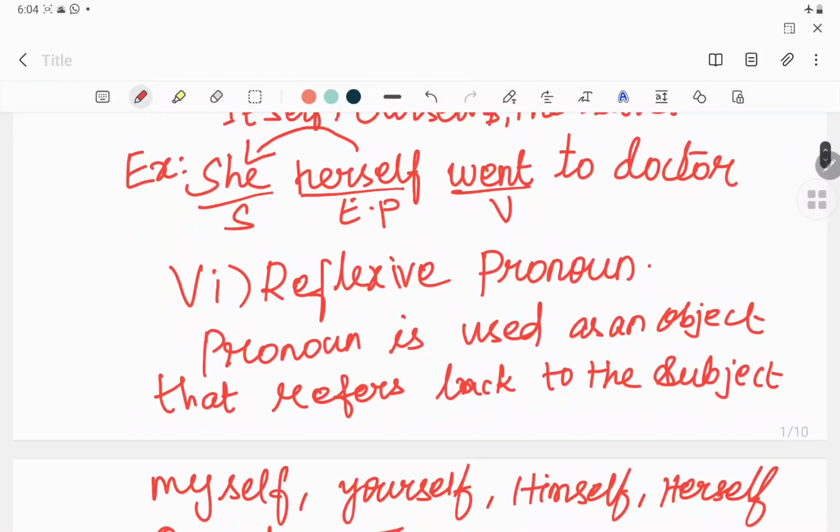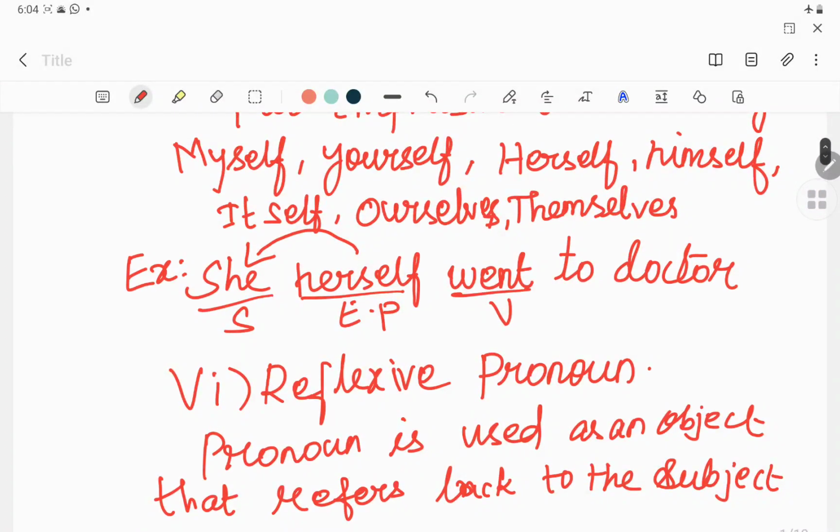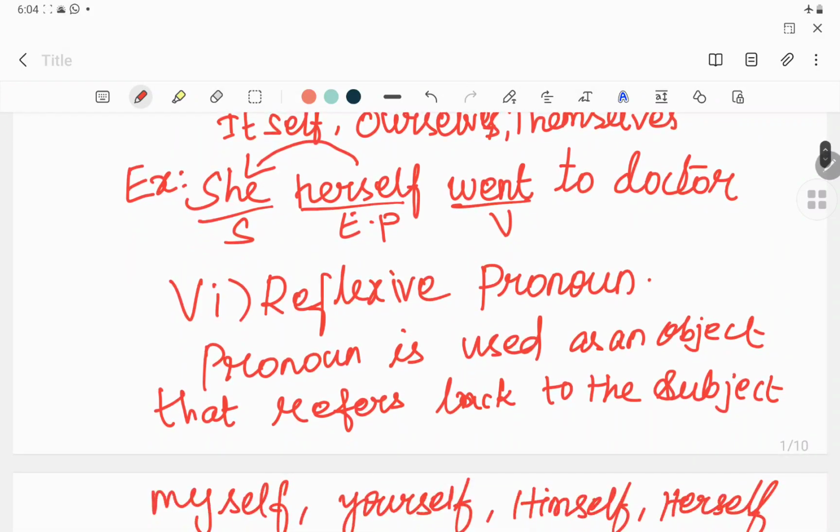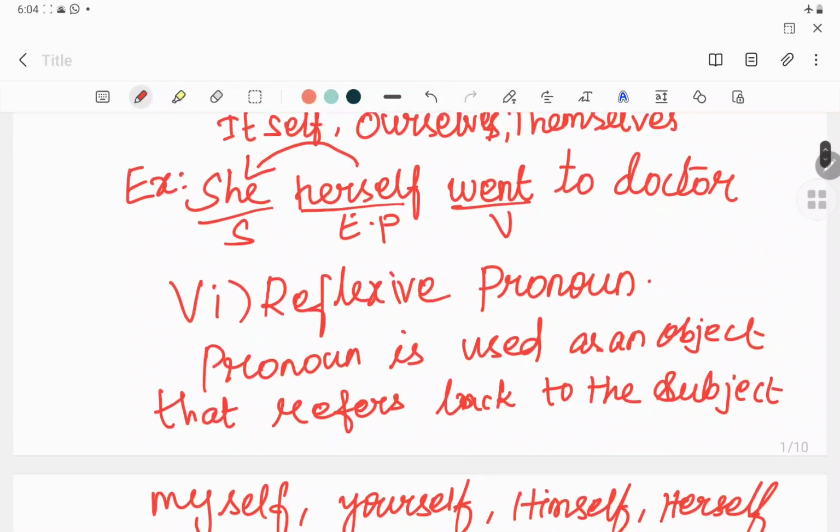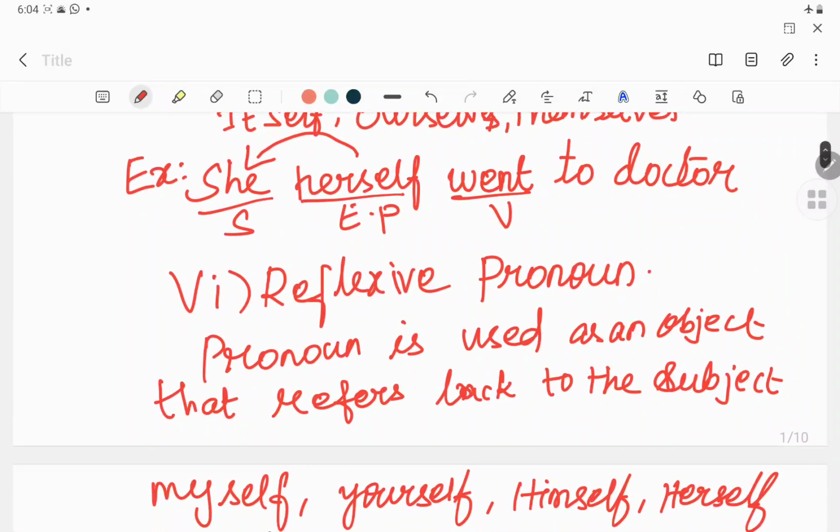Okay, so myself, yourself, herself, himself, these may come under the reflexive pronoun also, and may come under the emphatic pronoun also, but this is your duty to find where you want to use the reflexive pronoun and where you want to use the emphatic pronoun. How do you find that? First of all, you want to know the definition.